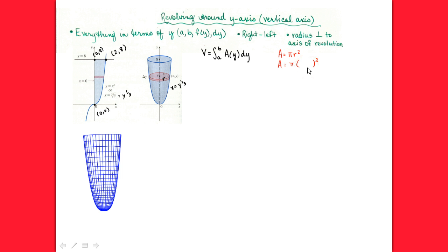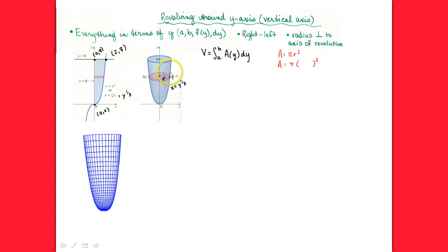So I come back up here. Remember we said the radius is perpendicular to the axis of revolution, and that makes sense because we were revolving around the y-axis and our radius would be perpendicular to that. So if I want to find this horizontal value, I'm going to need to do this right-hand value minus this left-hand value, just like we did yesterday.